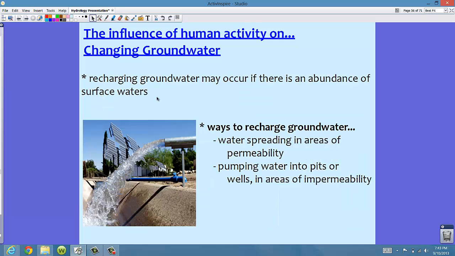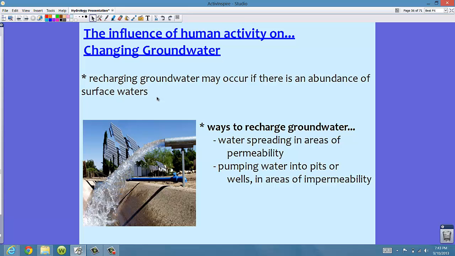Now, something that might be a positive way for human activity on groundwater is recharging of this groundwater. This is something that we can do if there is a sort of 50-50 store. If we are able to use some of the surface stores that we have, we can actually add it back to the groundwater.